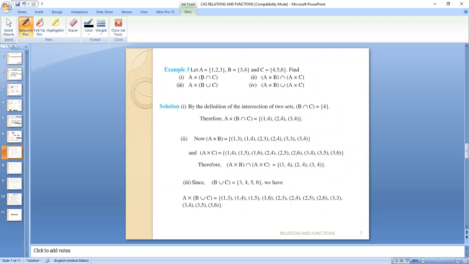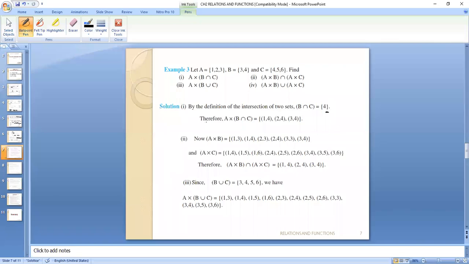Whatever the set will be, we will multiply it with A. By the definition of intersection of two sets, B has the elements 3, 4, and C has the elements 4, 5, 6. B intersection C means the common element. The common element is 4, so B intersection C is the set {4}.